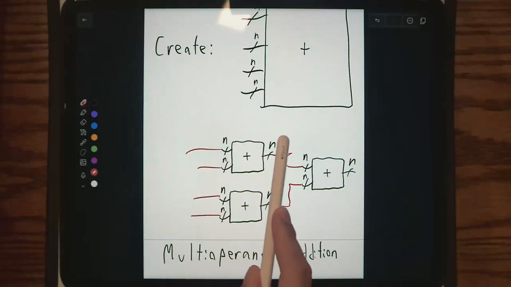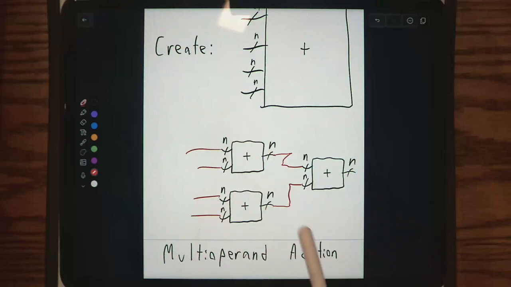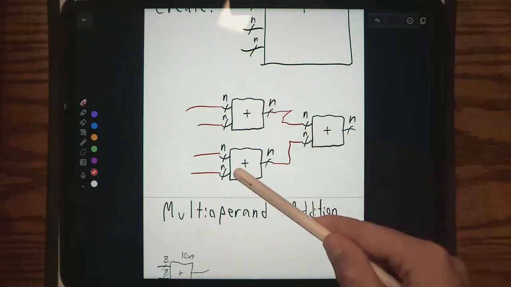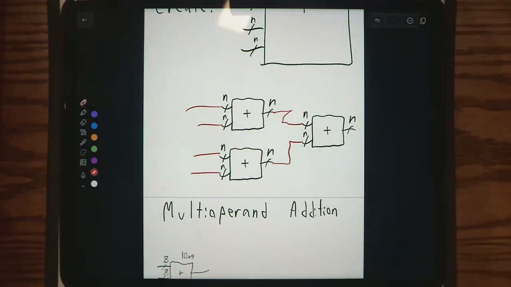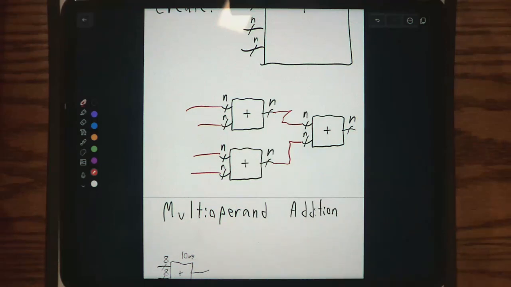For a 4-input adder, maybe not the biggest deal, but maybe we had a 30-input adder or something. Now we're going to have 30 adders, or maybe 15 adders, all going in parallel. That means we have tons of CMOS switching occurring, and so we're going to have incredible power draw.